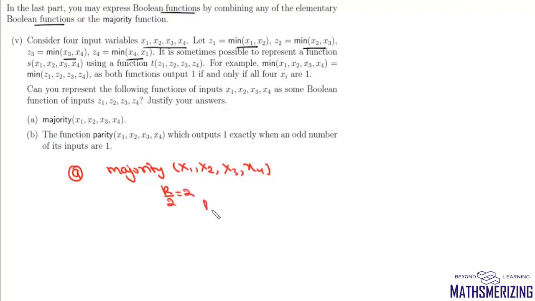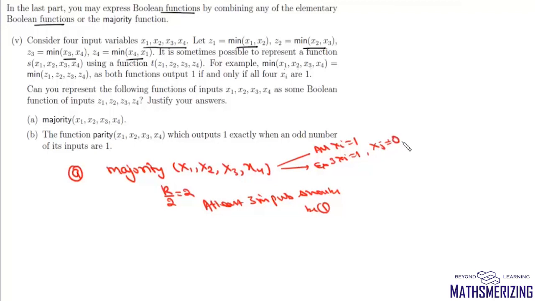So at least 3 inputs should be 1. So we have 2 cases. Either all 4 are 1 or exactly 3 xi's are 1 and then we have 1 xj which is 0.